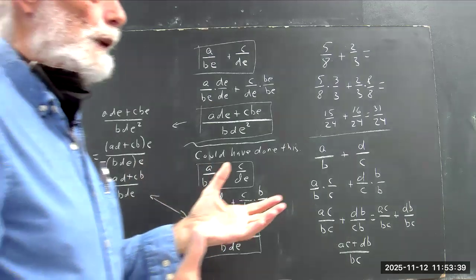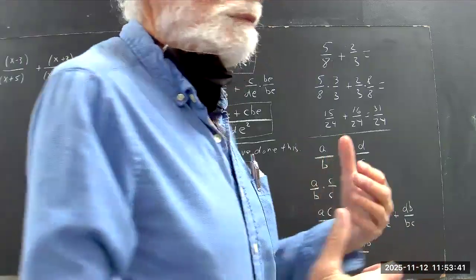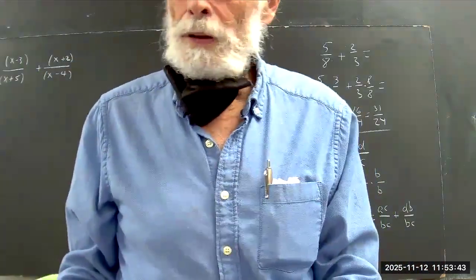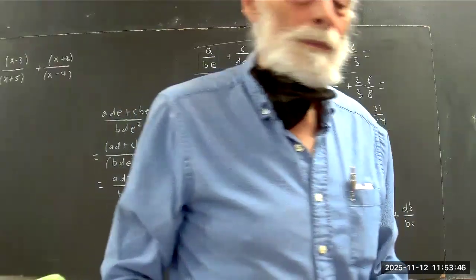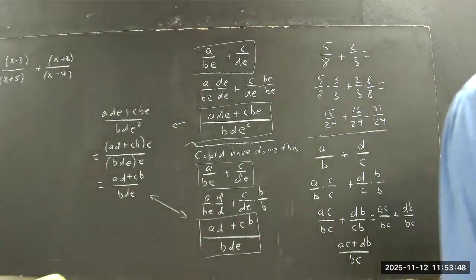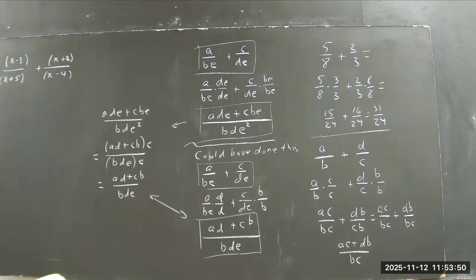If you just keep your wits about you and do something very similar to what you've been doing, I'm fairly optimistic that you're going to be able to get this, but it looks a little strange. And don't let that throw you.